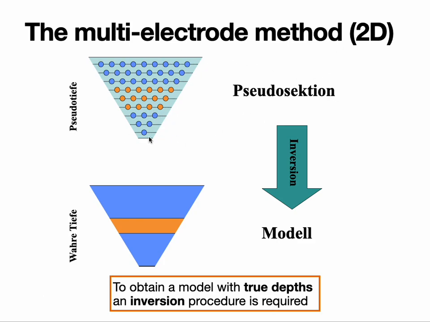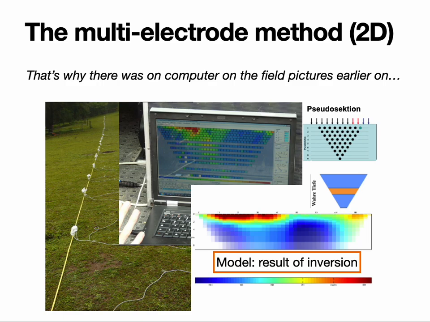What is needed is to run an inversion procedure. So that's basically a model to transfer our measurements in pseudo depth into a model in actual depth. And you may wonder why, in addition to electrodes, there was a computer in the field picture.